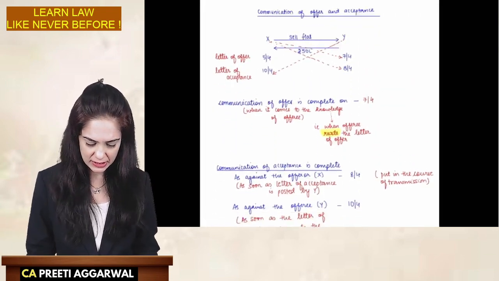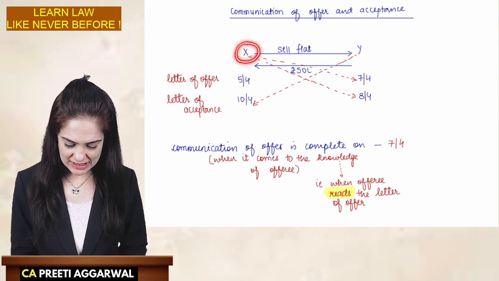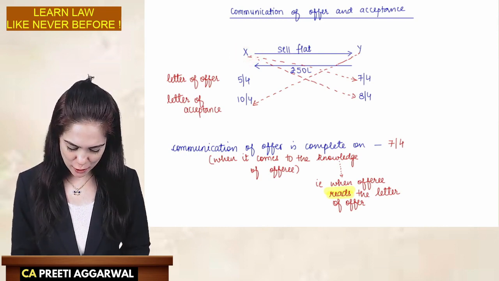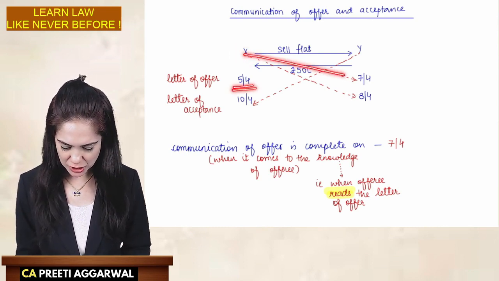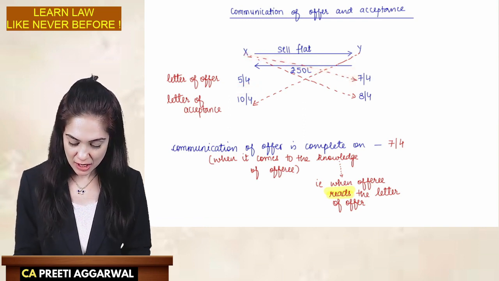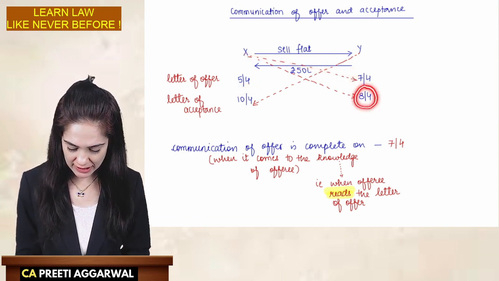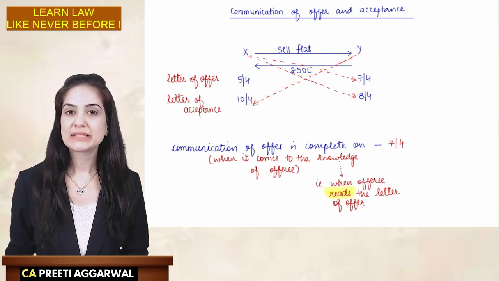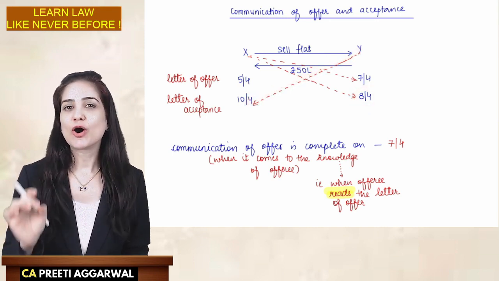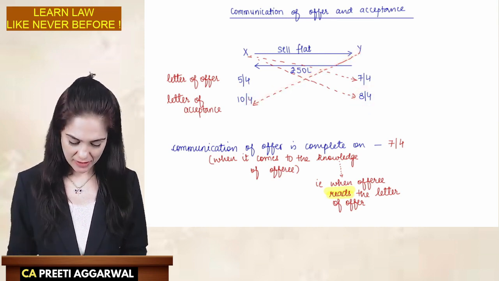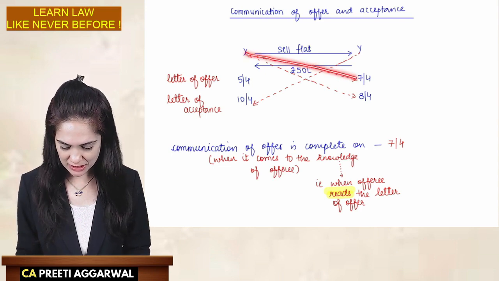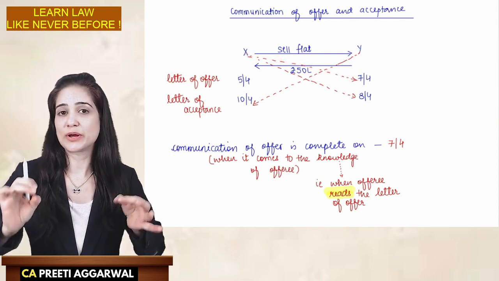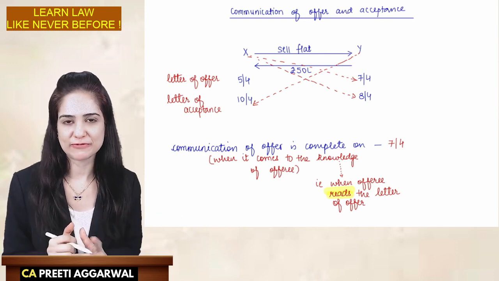Let us discuss again. So X posted the letter of offer on 5th. It reached Y on 7th. Y posts the letter on 8th. It reached X on 10th. When is the offer communicated? Offer is communicated on 7th April. That is when Y comes to know about the offer.